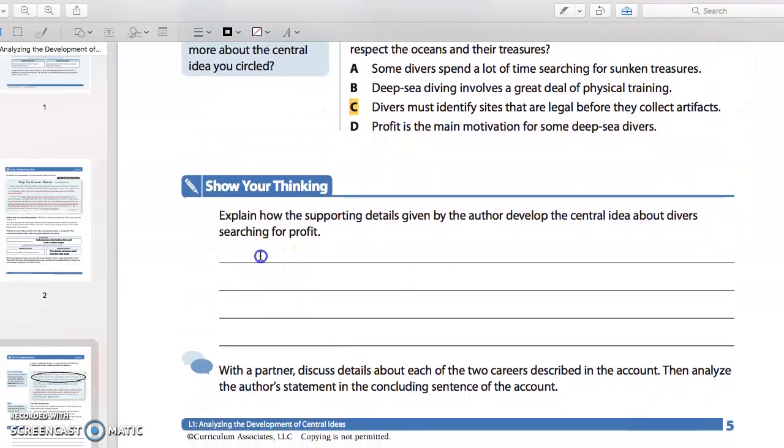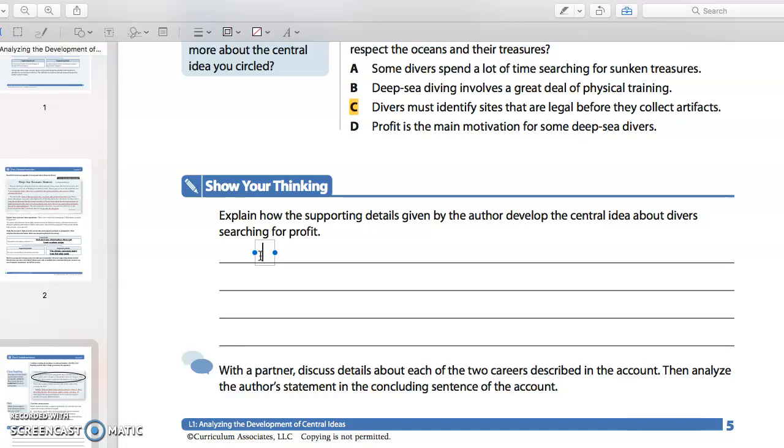Explain how the supporting detail given by the author develops the central idea. All right, so basically they're kind of asking us, hey, what would you say the central idea is? Can you restate it?